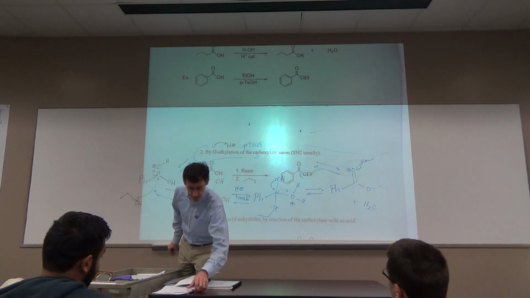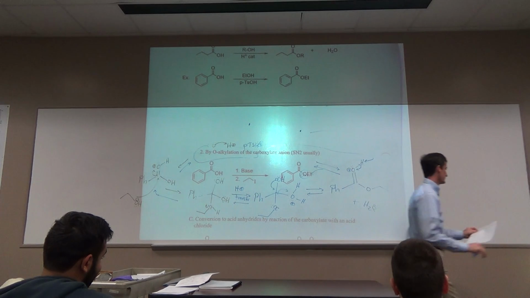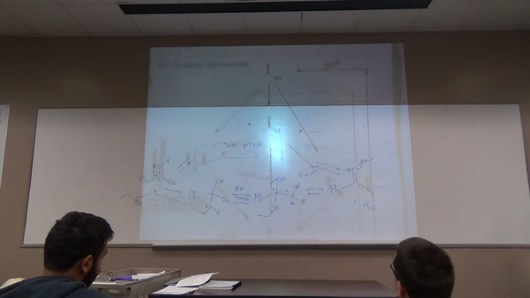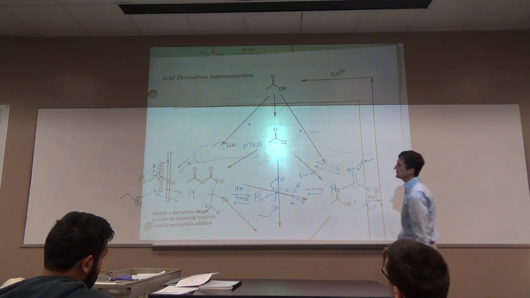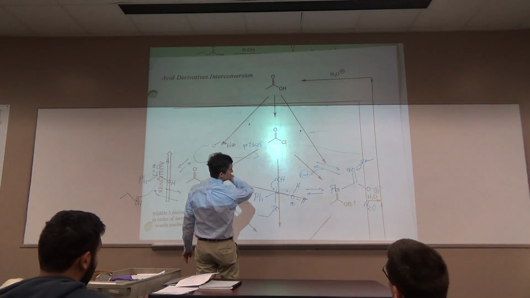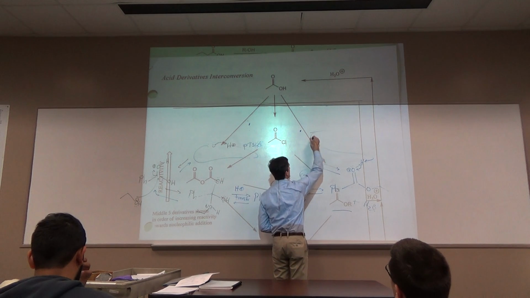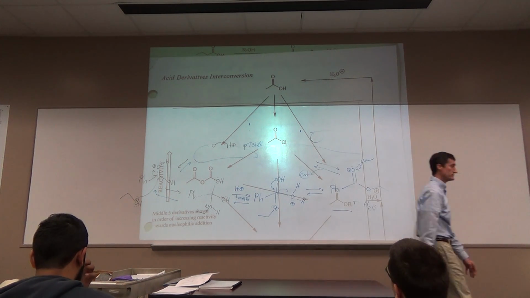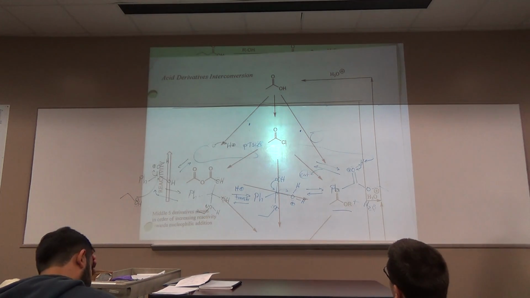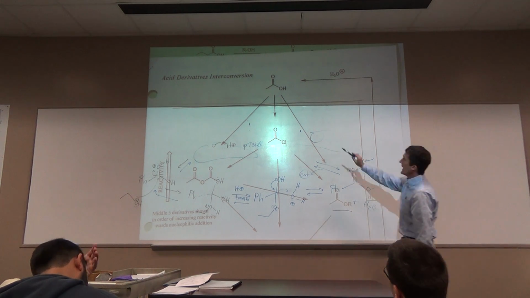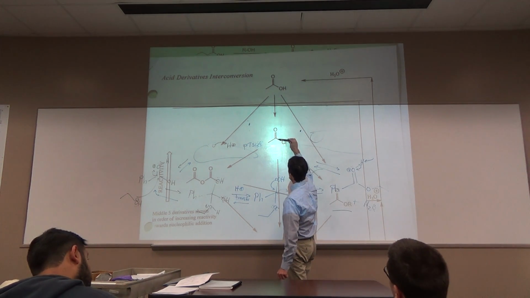We have the sheet here, yeah? So what did we just do? Acid to ester, right? So now you have something to put on that arrow there. Next reaction, acid to acid chloride, we've seen.